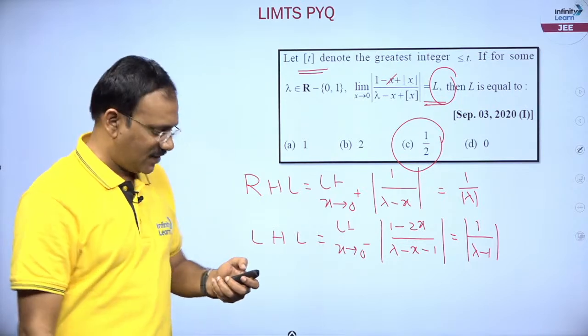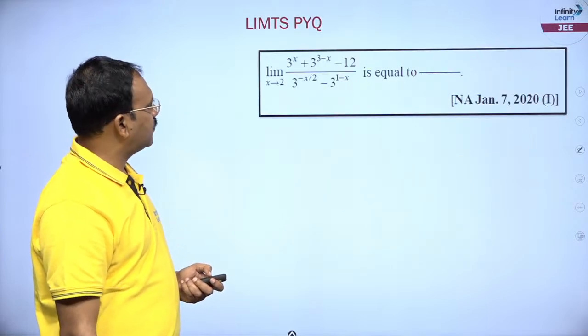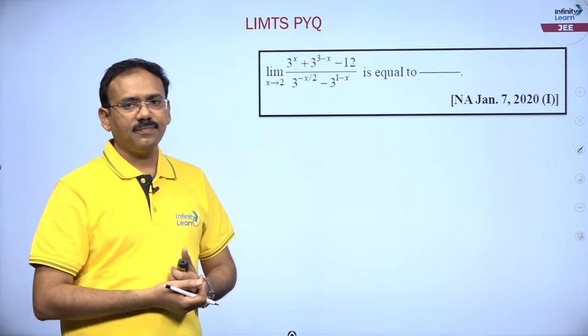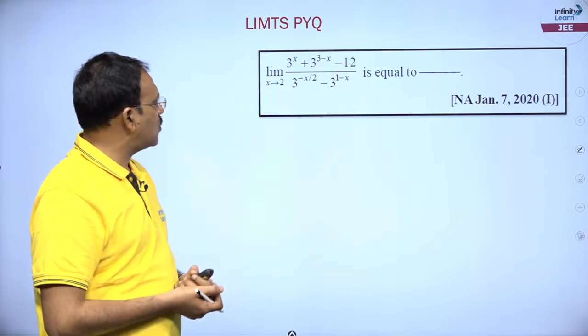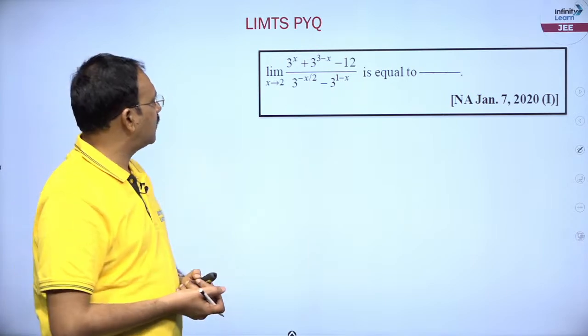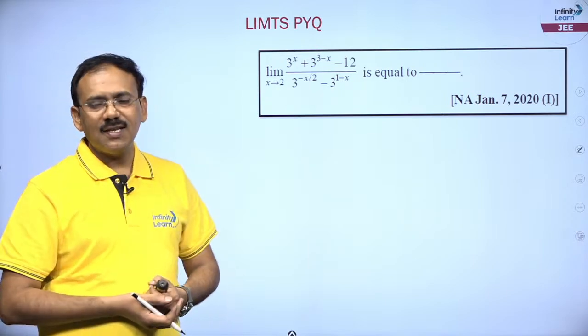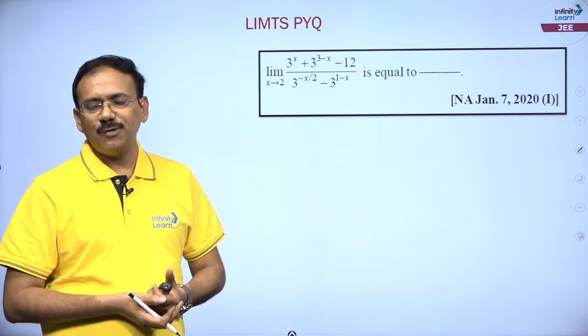Okay, right. Next problem, dear students, this problem. Here if you just put x is equal to 2, you will get 0 by 0. You can do it with fractional part and all these things, or else why don't we solve one problem with the help of L'Hospital's rule?